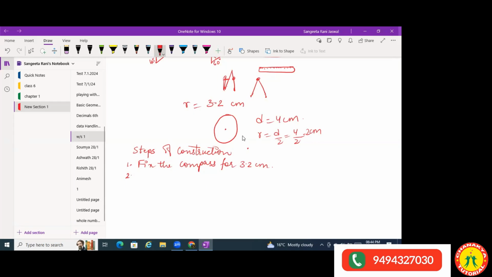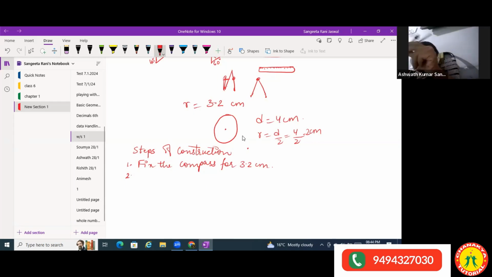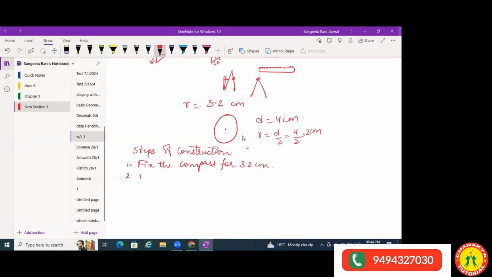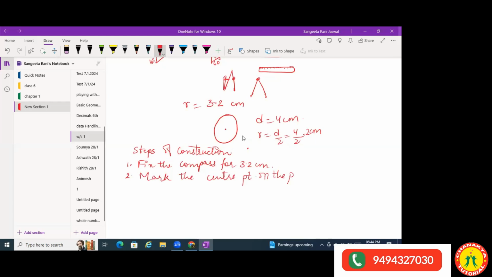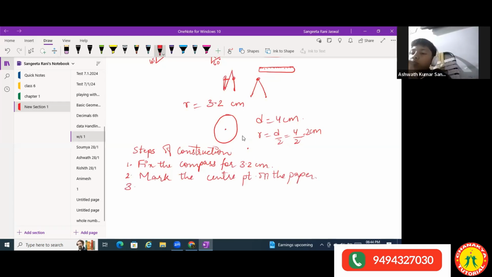Then after that, what did you do? Mark a point on the paper. Mark the center point on the paper. Okay, this was your second step. Then after that, what did you do?